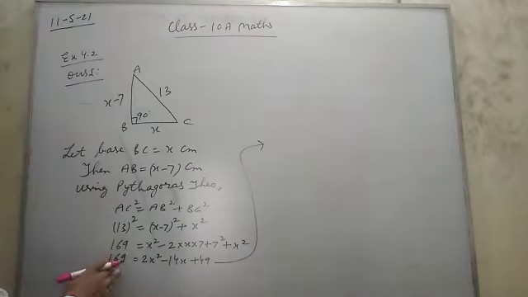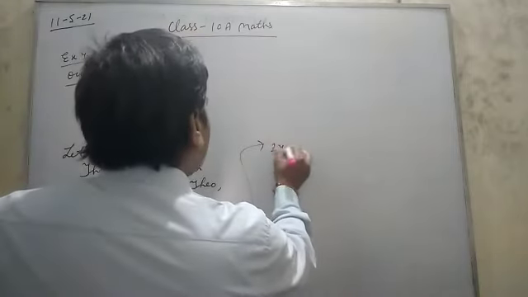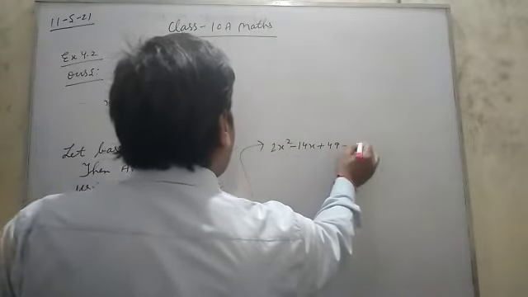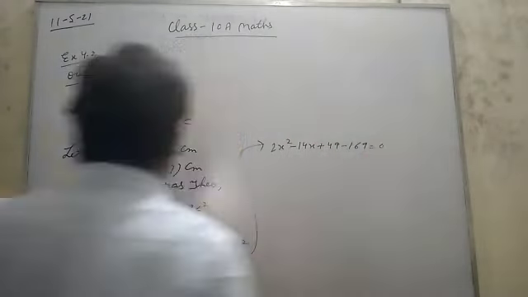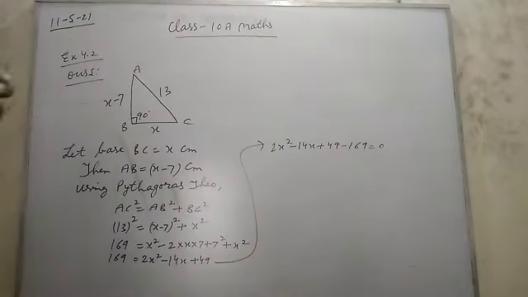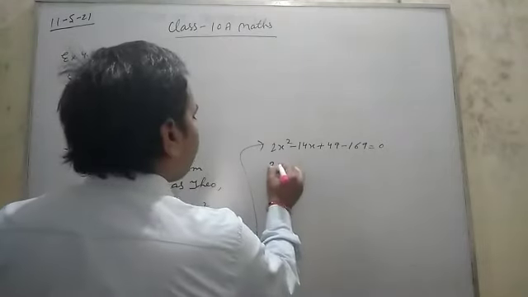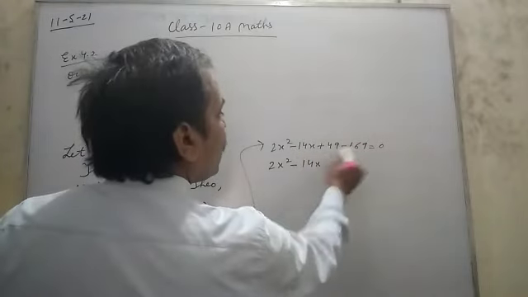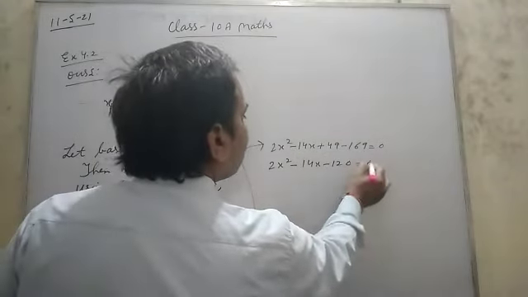So transfer 169 to the right hand side. So 2x square minus 14x plus 49 minus 169 is equal to 0. So 2x square minus 14x minus 120 is equal to 0.